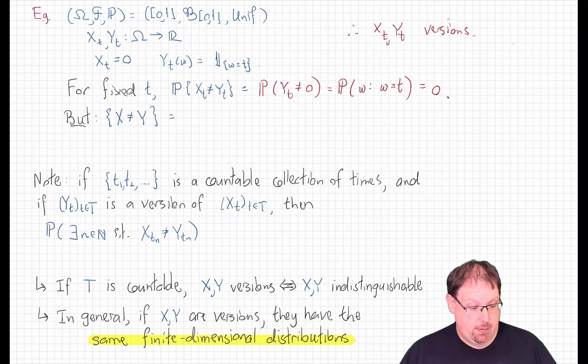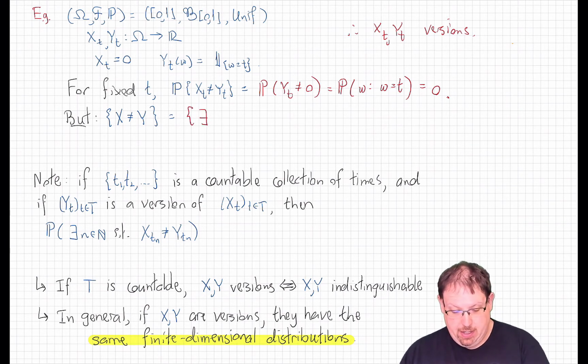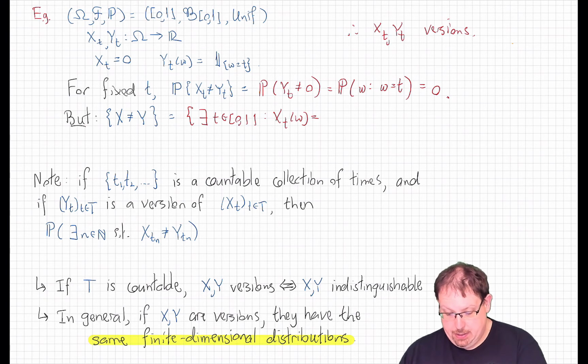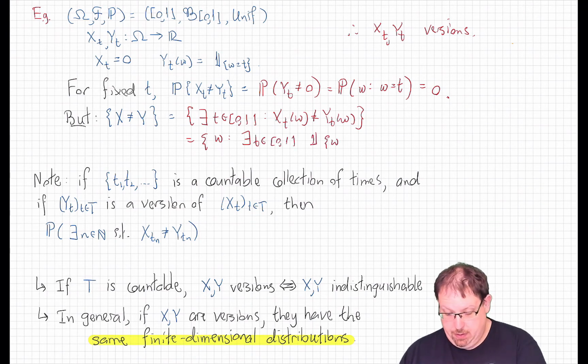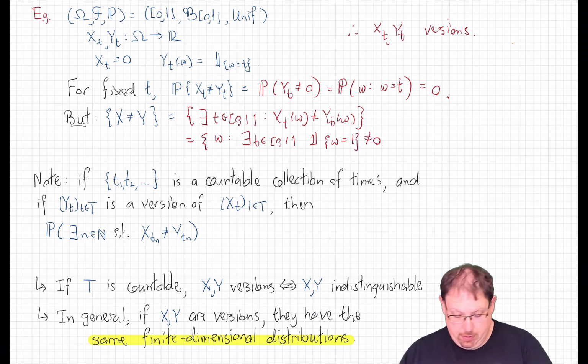But are they indistinguishable? Well, the event that X is not equal to Y, as processes, is the event that there is some time in the unit interval where Xt at the outcome omega is not equal to Yt at omega. That's the set of all omega so that there is some time t where the indicator function of the event that omega equals t is not the 0 function.